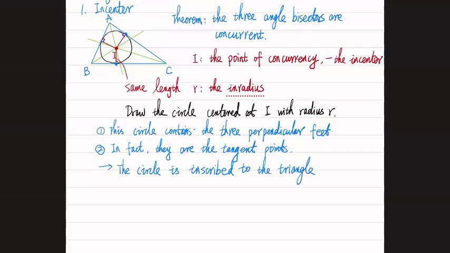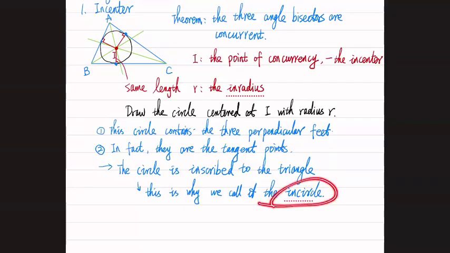That's why we call it the incircle. We have the name incircle, inradius, and incenter because this circle is tangent to the three sides of the triangle.